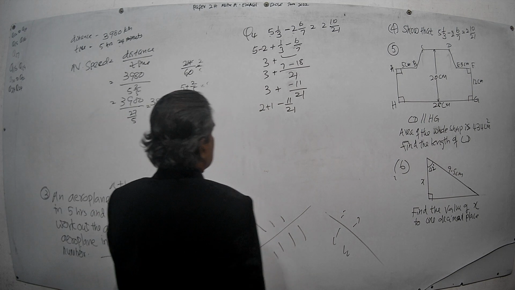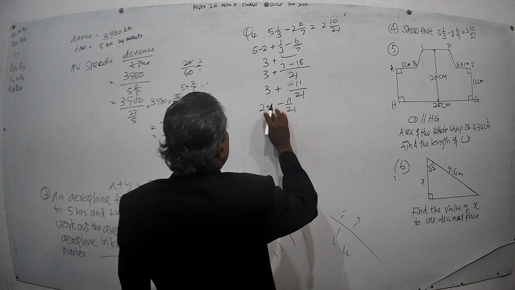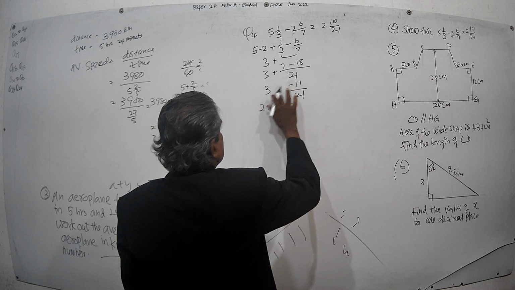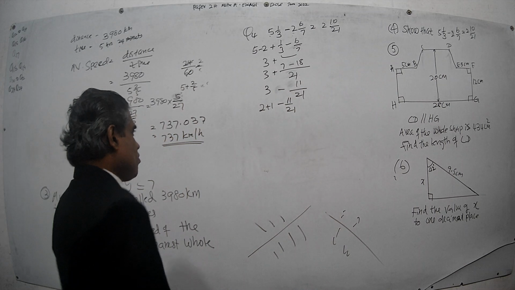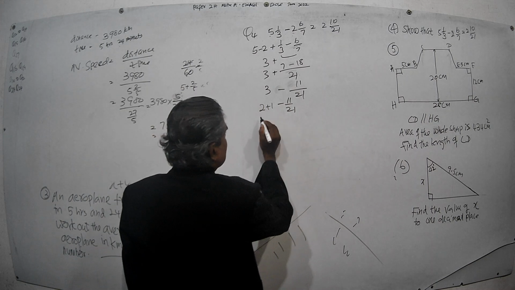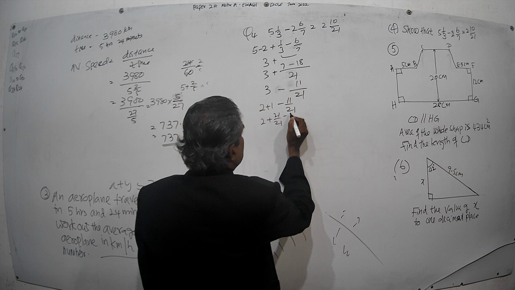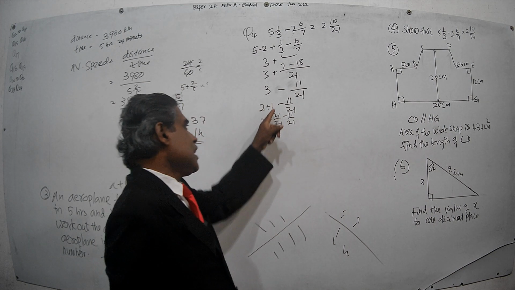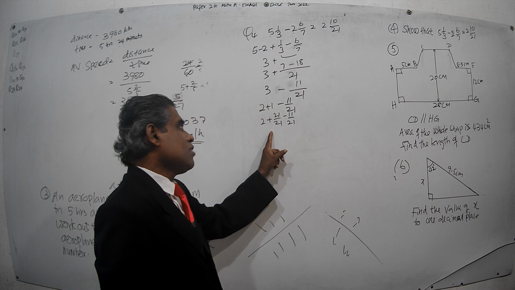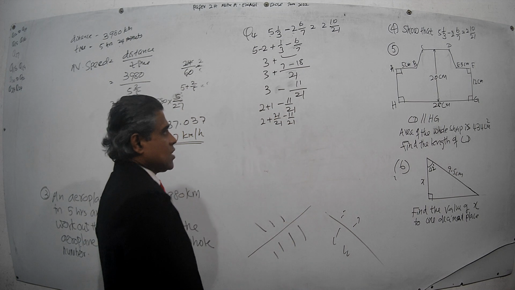Then this positive sign is useless. Then you can write this 1 as 21 over 21, then minus 11 over 21. We wrote this 1 as 21 over 21 for our convenience, to simplify this fraction minus 11 over 21.